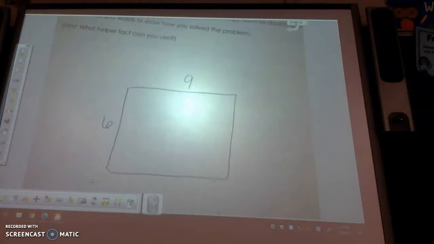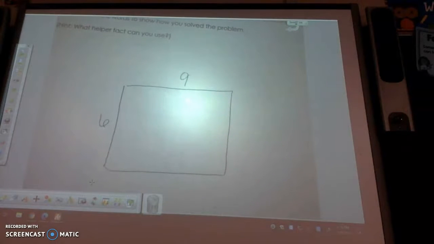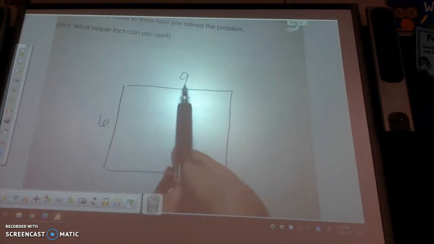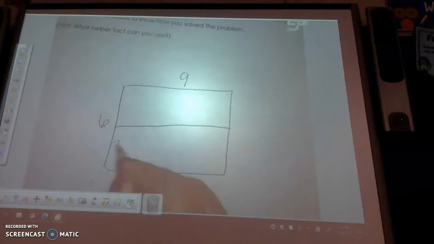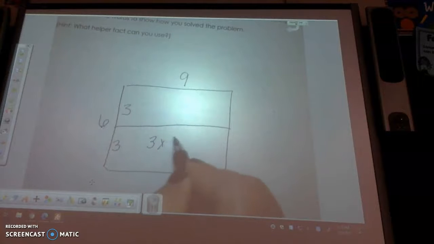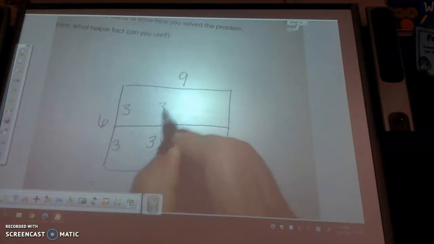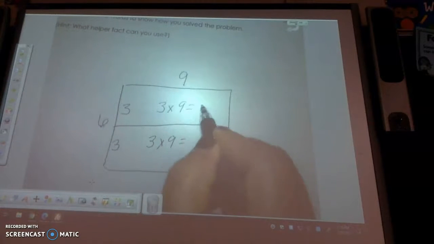Remember with doubling, we cut the one that is even in half. So we can't cut 9 in half equally, but we can cut 6 in half equally. So I'm going to cut it in half. So this would be 3 and 3. And then we would go 3 times 9 equals what?